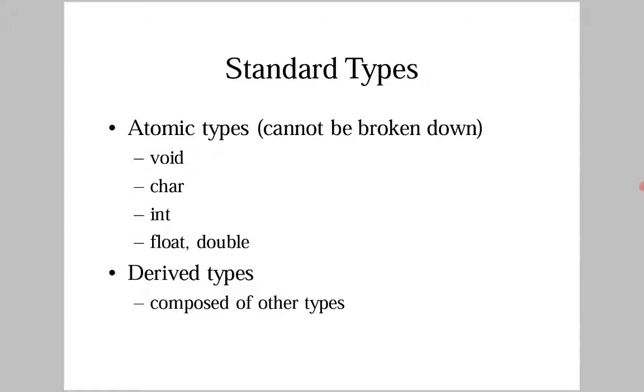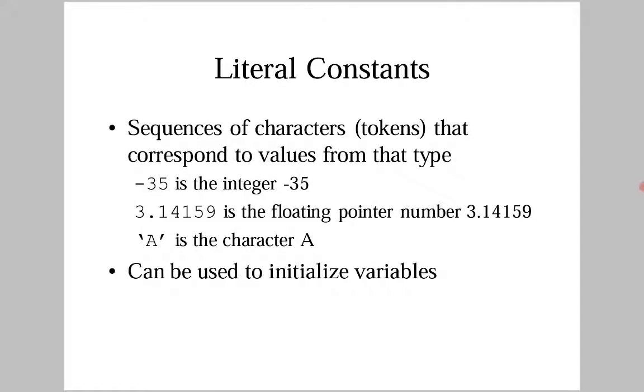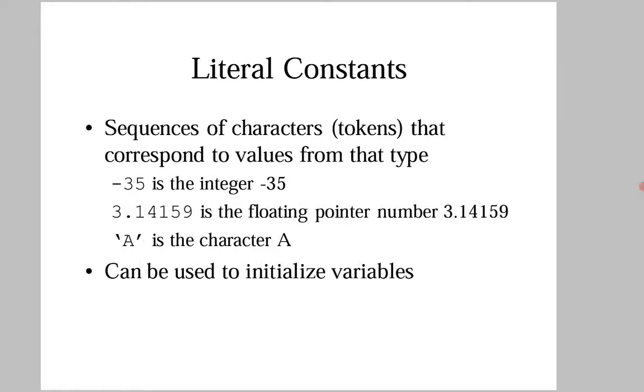Derived data types are composed of other types. Literal constants, or constants, are sequences of characters that correspond to values of the type. So 35 and minus 35 are literals or constants, and they can be used to initialize variables.